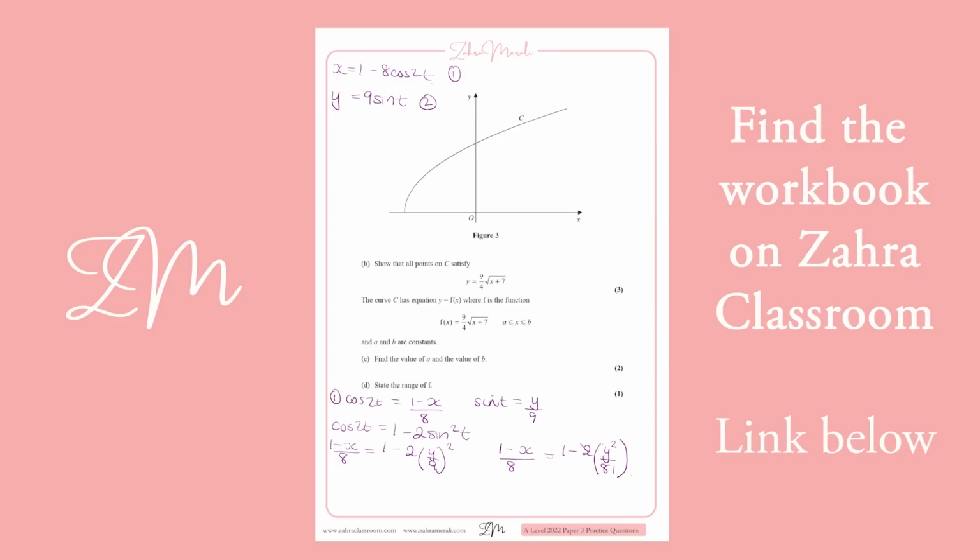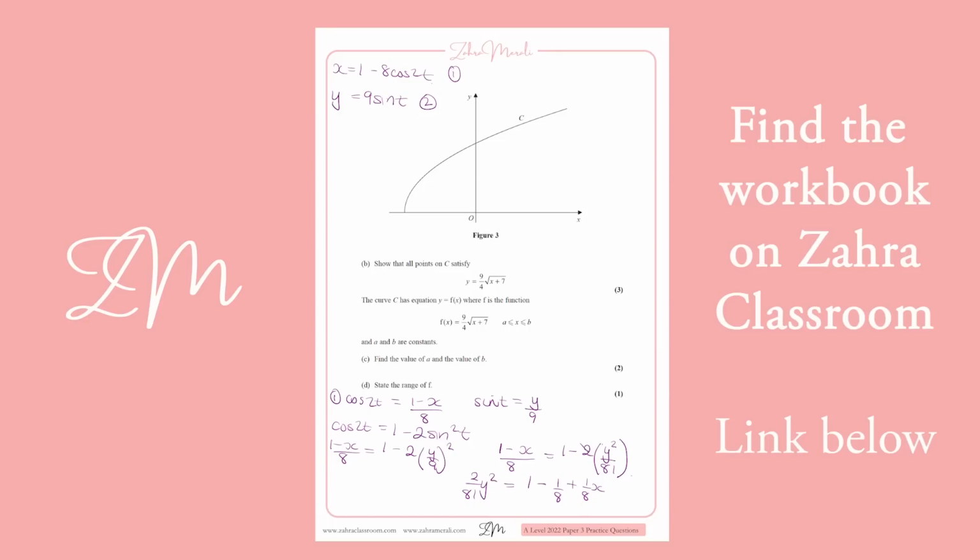If I put the y's onto the left hand side, I'm going to have 2 over 81 y squared equals 1, if I split that up, minus 1 over 8 plus 1 over 8 x. They don't have any denominators, so we want to end up with 4 on the bottom.